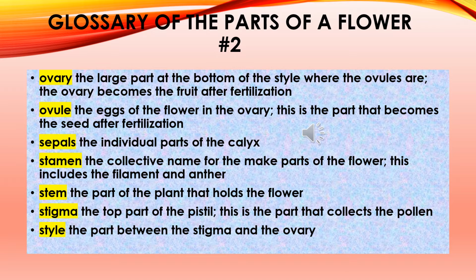Probably you can get confused because the flower has a lot of parts, but when you see the picture, you are going to find out where all these parts are located in a flower and how you can identify all of them. And when you read each part, you're going to find out where these parts are located in a flower.